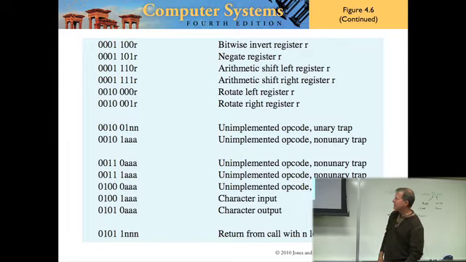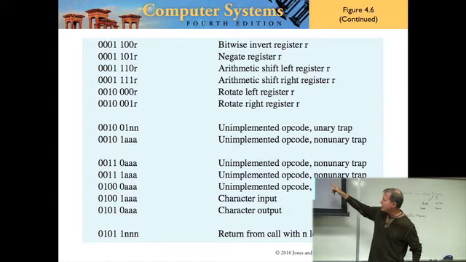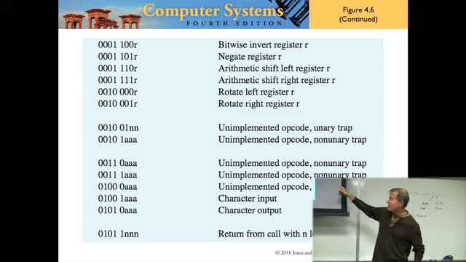Does this look familiar? Figure 4.6? Remember how this worked? What is the instruction at 00100001R? Rotate right? That's the rotate right instruction. But what's the one at 001001NN? That is a what?